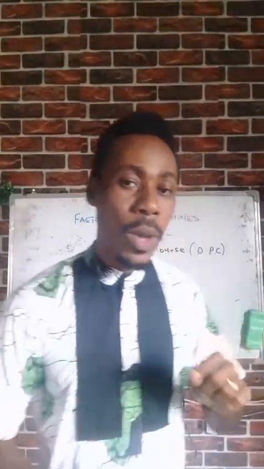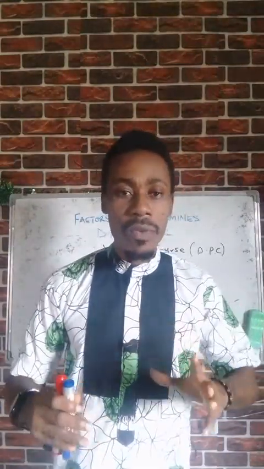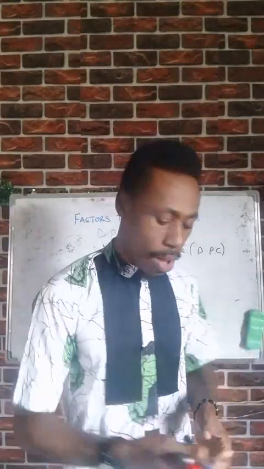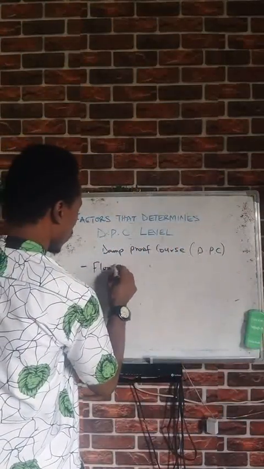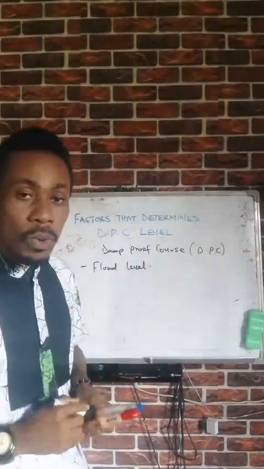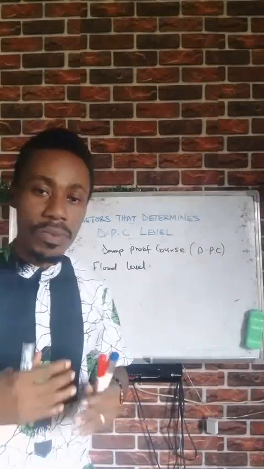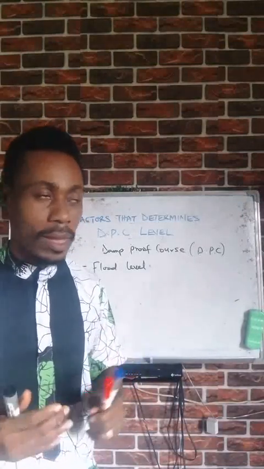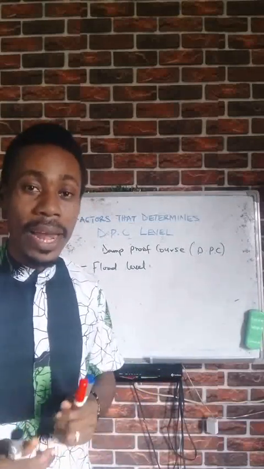So we want to look at the factors that will determine the level of your DPC or the height of your DPC. First and foremost, the first one is flood level. As you know, flooding is a routine, more of a perennial occurrence that we normally experience.